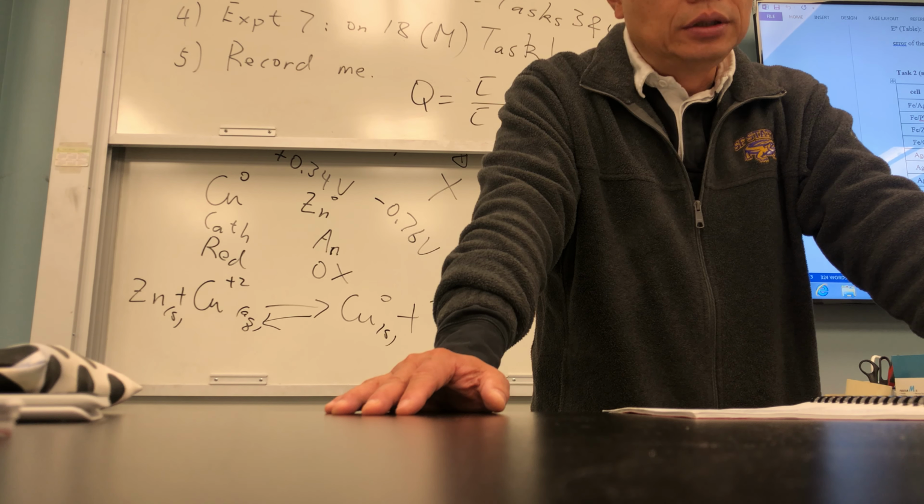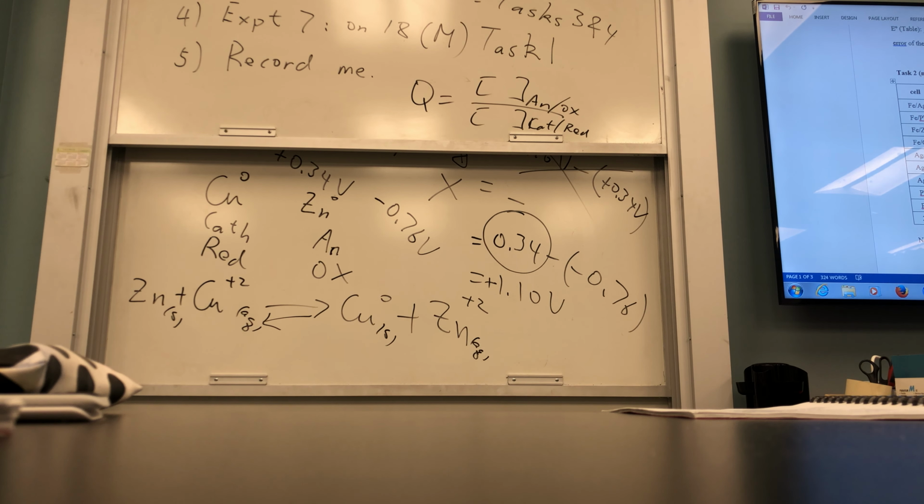Do we know E sub 0? Yes? You have E sub 0 from the table, and you have E sub 0 observed. Which one should you use? Either one is okay. You use the table.